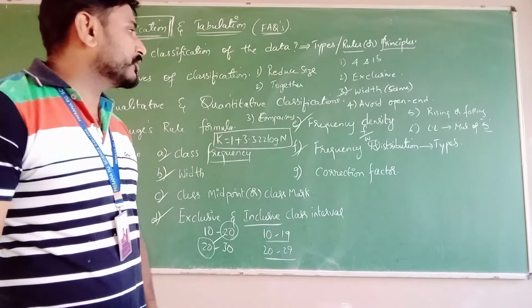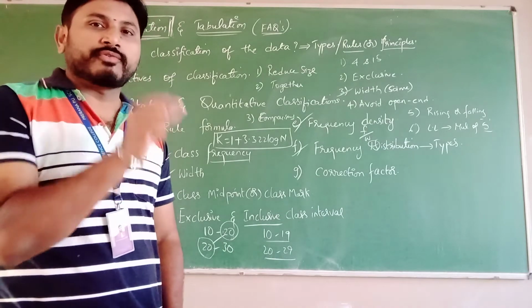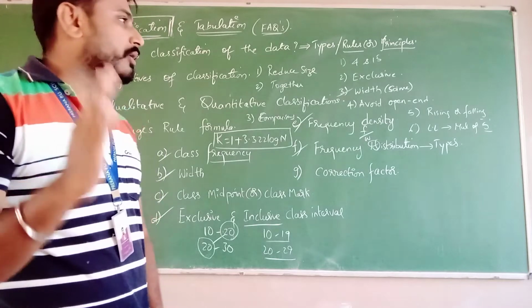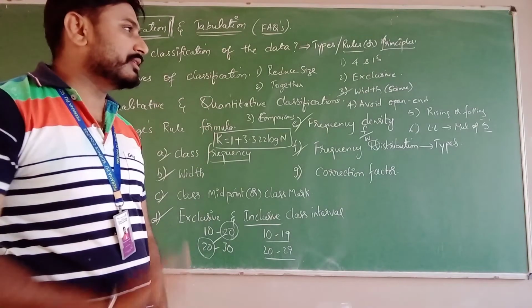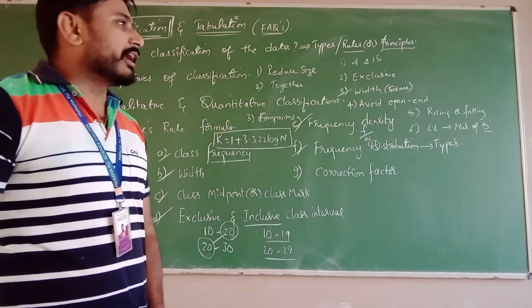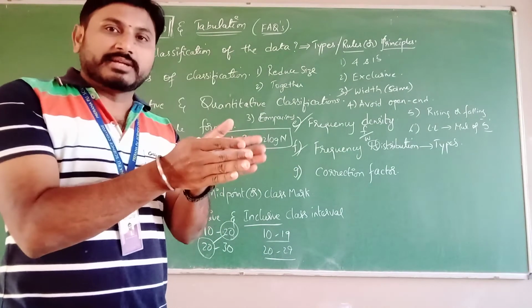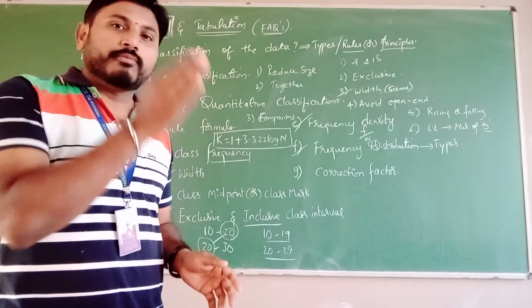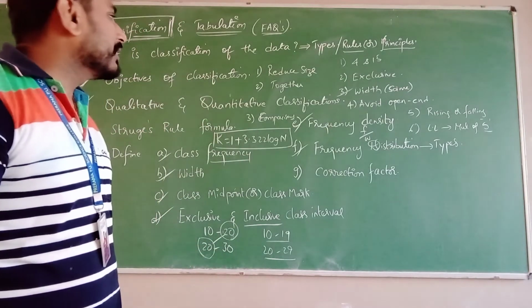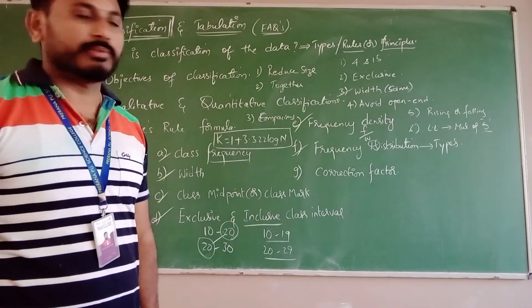Discrete frequency distribution means specific values of x with corresponding frequencies, and continuous frequency distribution means all the values within limits or a range with corresponding frequencies.